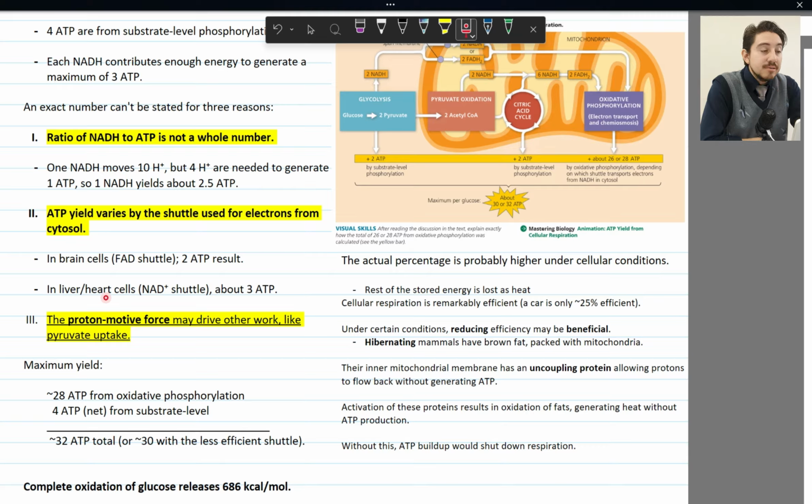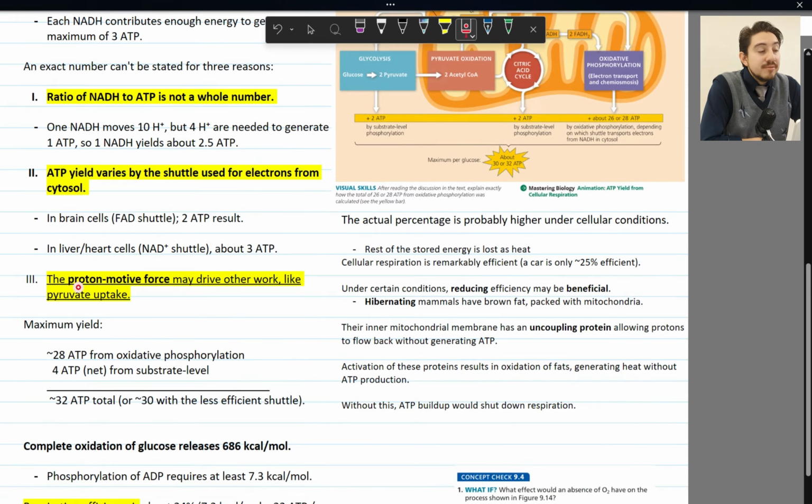In brain cells, which primarily use FAD as the shuttle, it yields 2 ATP. In liver and heart cells, you have NAD shuttles that can yield 3 ATP, as they're using that more than FADH. So you can have variation. That's what I'm trying to state here. So this is another factor that can yield the net difference there.